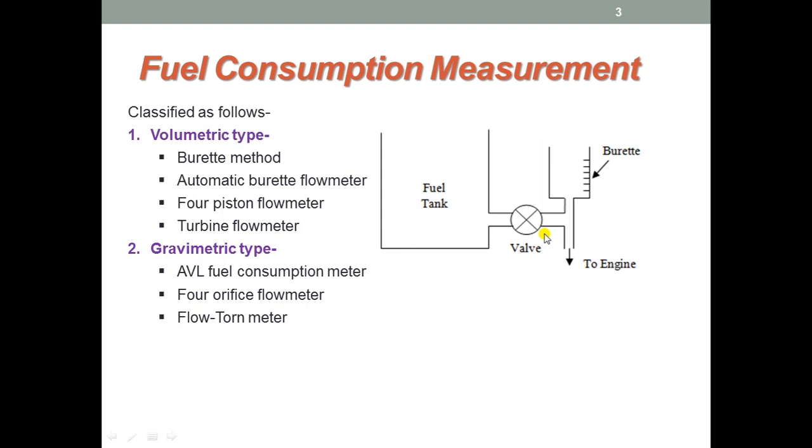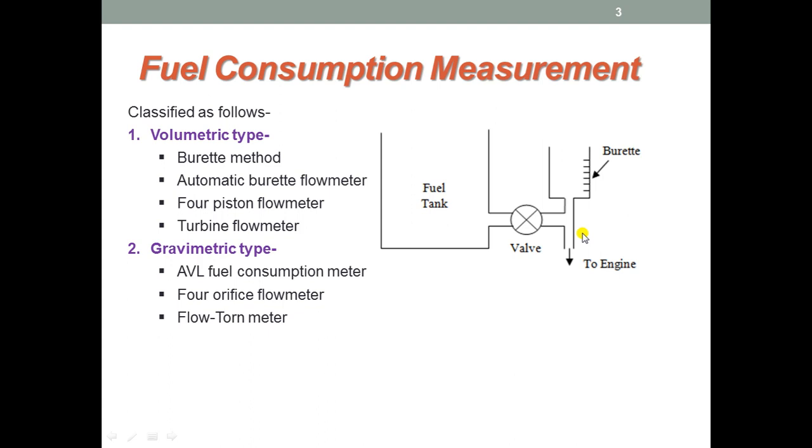The simplest method of measuring volumetric fuel consumption is to use a glass having bulbs of known volume and having a mark on each side of the bulb. Time taken by the engine to consume this volume of fuel is measured by a stopwatch.